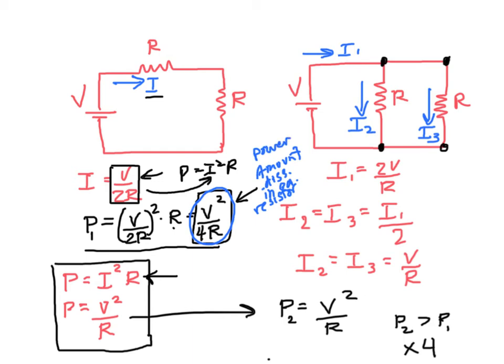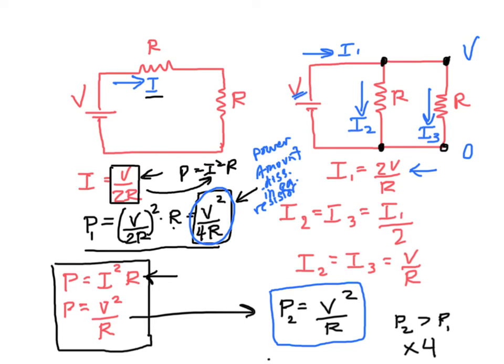Now over here on the parallel side, I could more quickly, rather than using current, even though I do know my current right here, just jump to the bottom equation, V squared over R, and I know that my voltage drop across each resistor is whatever the voltage of my battery is.